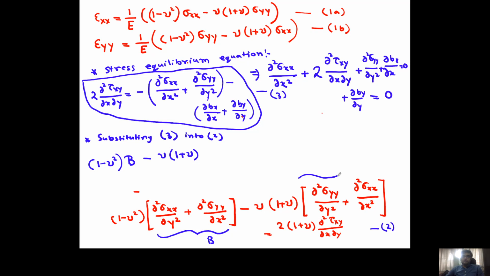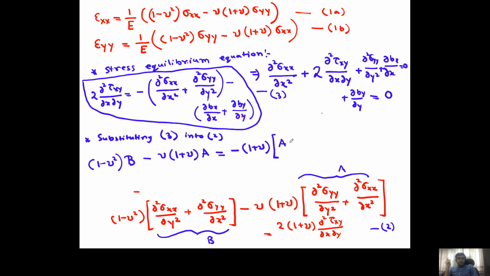This is equal to a. So we have this 1 plus nu, which will stay as it is. Because of this minus sign here, one minus will come. This is a, so the first term is a.